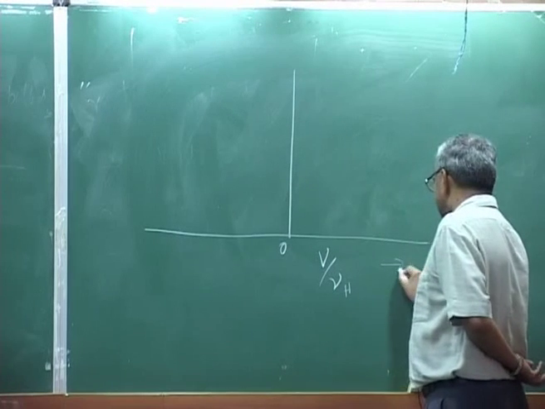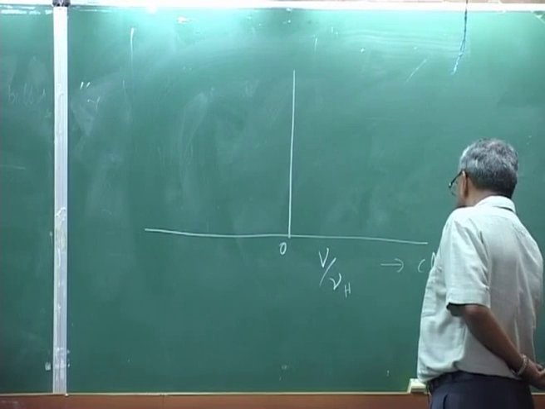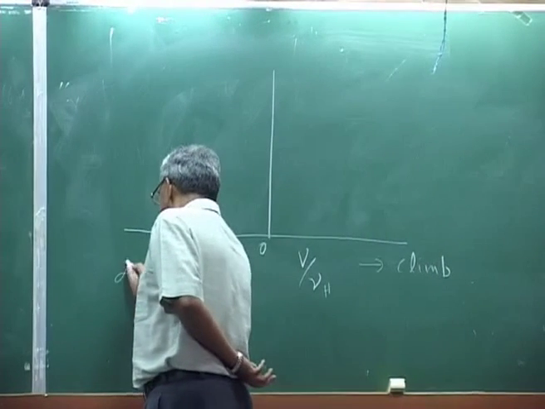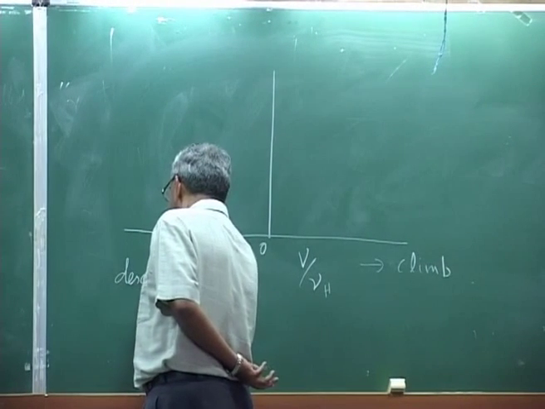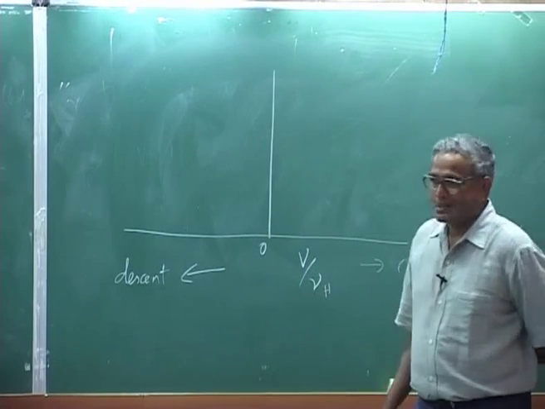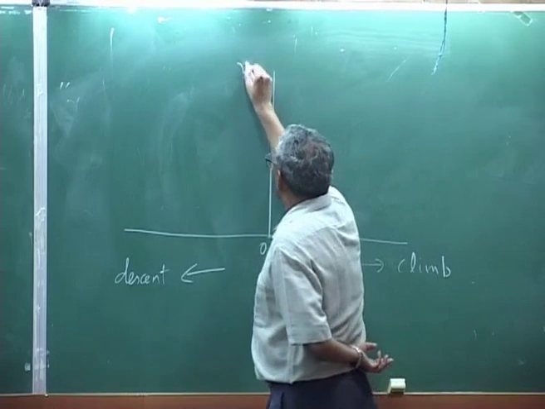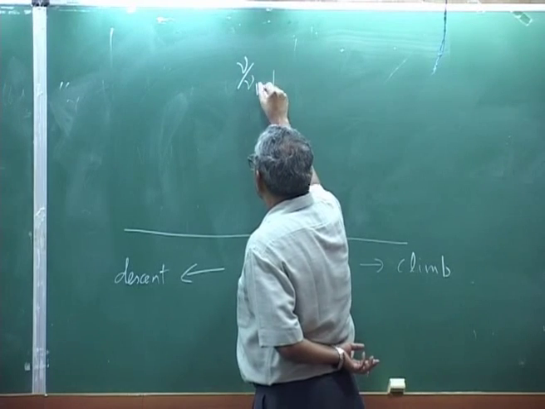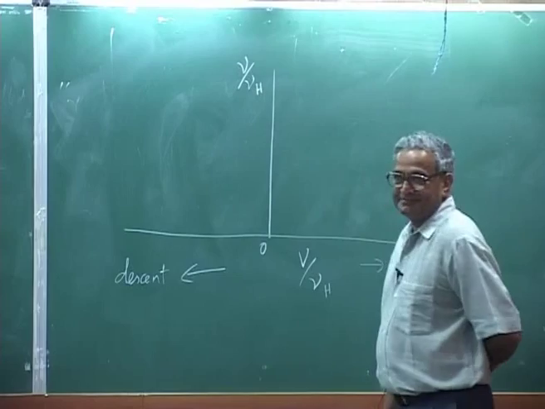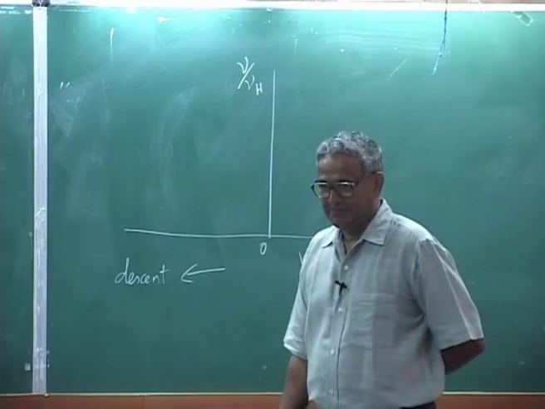This is basically climb, this is essentially descent, which is a negative value, and the y axis nu over nu h. Okay.